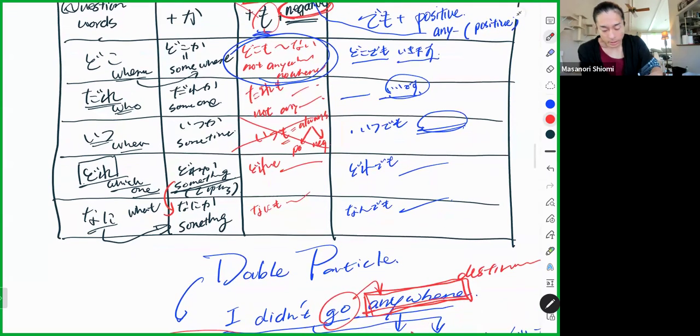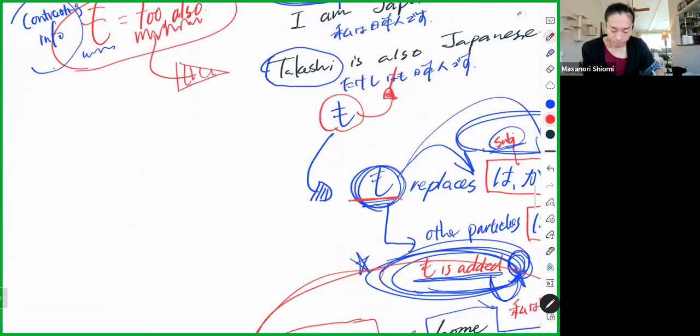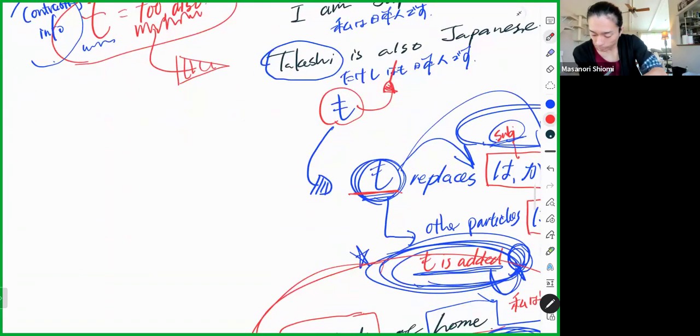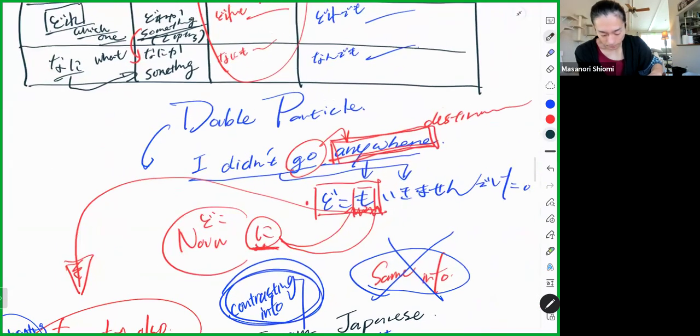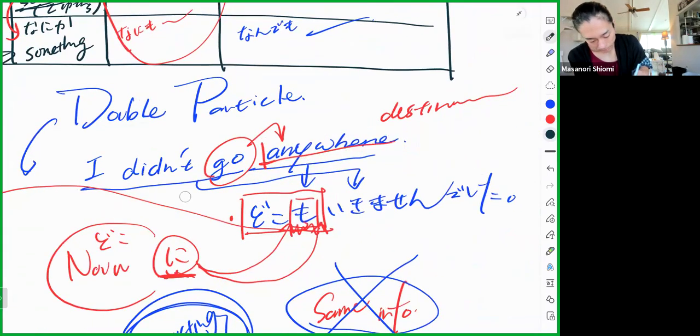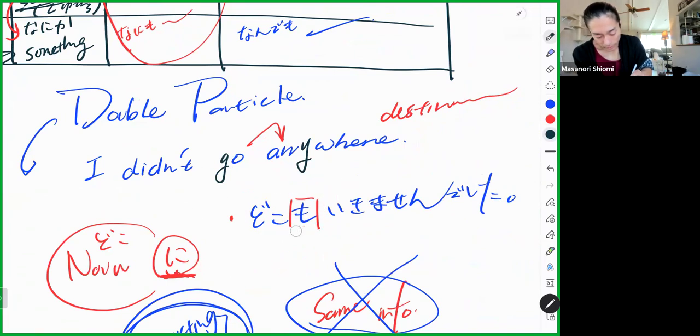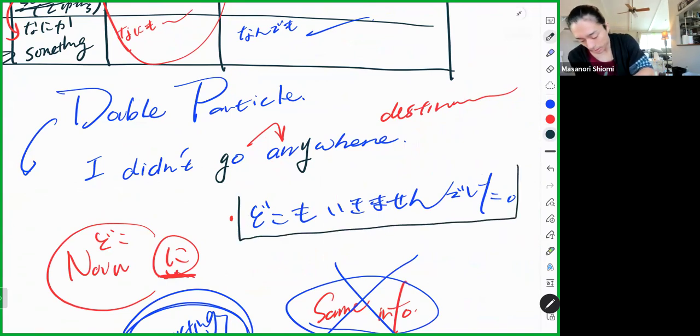So with this, using these, right? For example, well, let's go back to here. I didn't go anywhere. We did earlier say that. We can translate it as どこも行きませんでした.